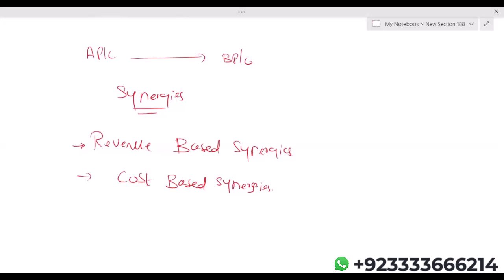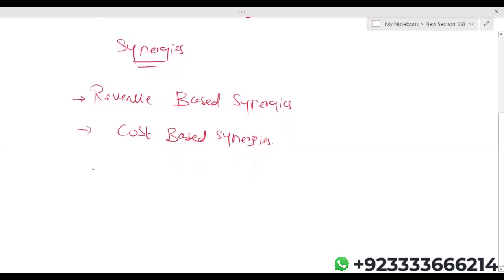Actually, they can be achieved by eliminating the duplication of functions. For example, both companies have a marketing department. Obviously after merger, we don't need two marketing departments. One is enough. Assuming both companies have an R&D department, after merger I don't need two R&D departments. One is enough. This is how we achieve cost-based synergies.